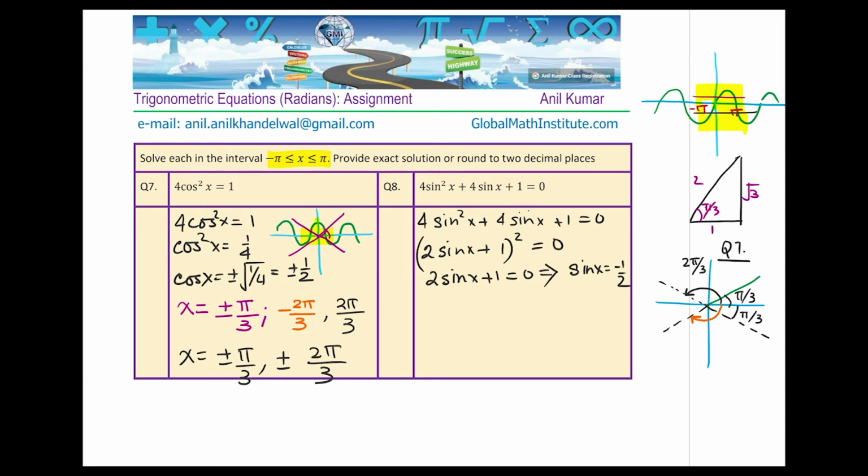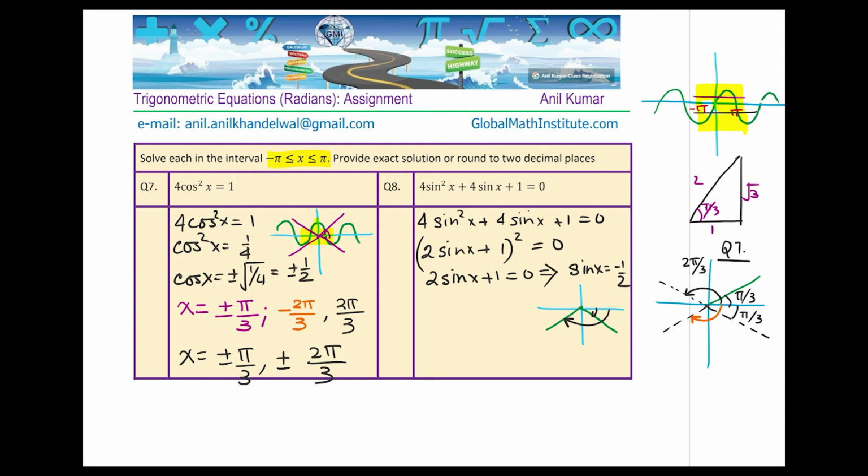So the two solutions will be in quadrant 3 and 4, right? That is where we get minus half. And within the given interval, one of the solutions, and this is the other solution. Is it clear to you?